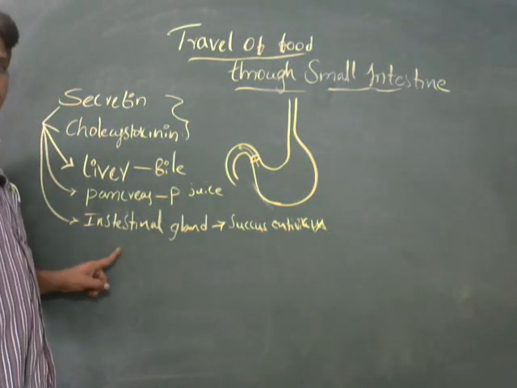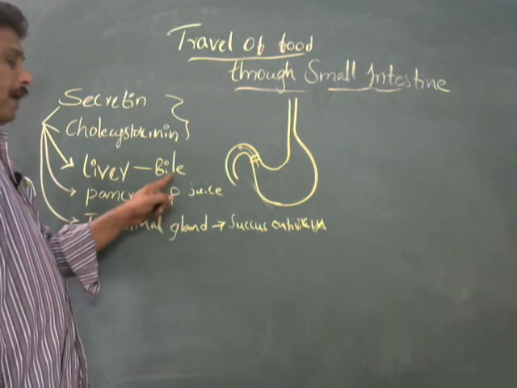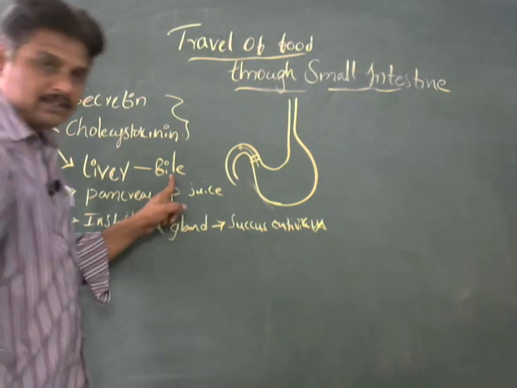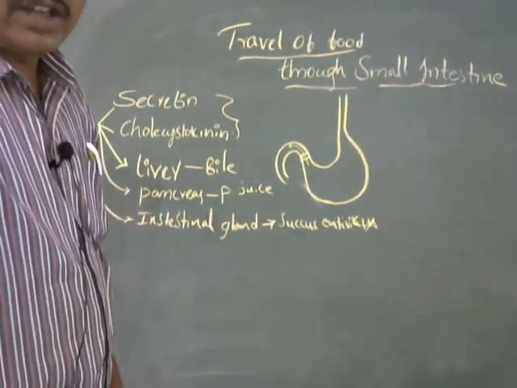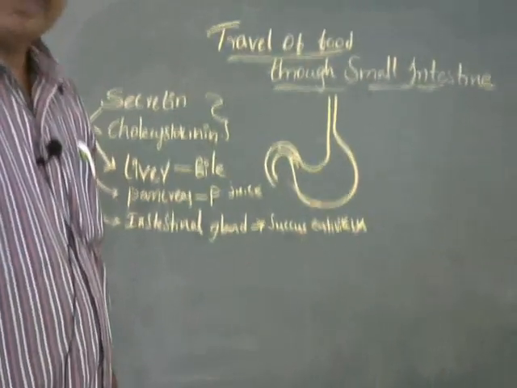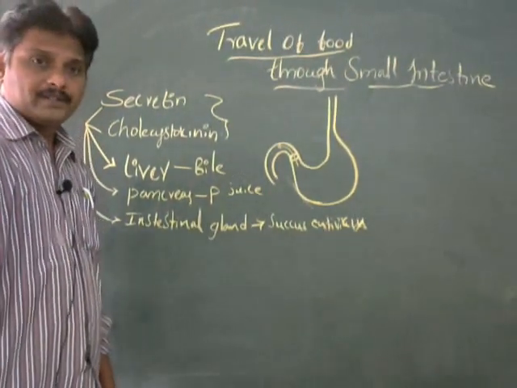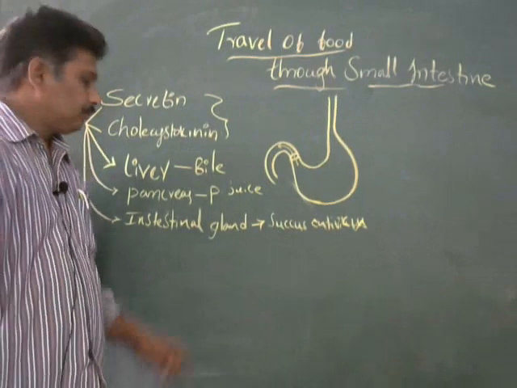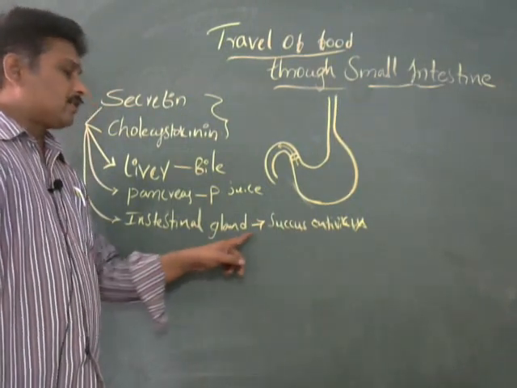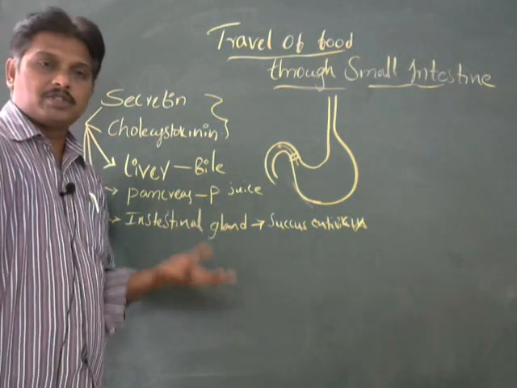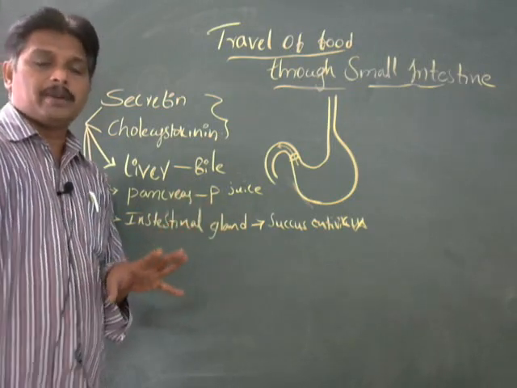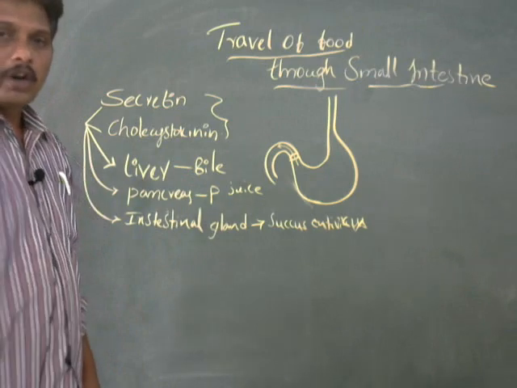We know bile helps in emulsification of fats, and pancreatic juice consists of several enzymes which can digest proteins, lipids and carbohydrates. Intestinal glands secrete succus entericus, which consists of several types of enzymes which finally convert all those materials into simple form.